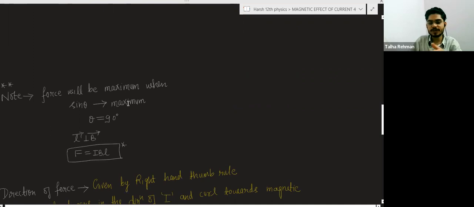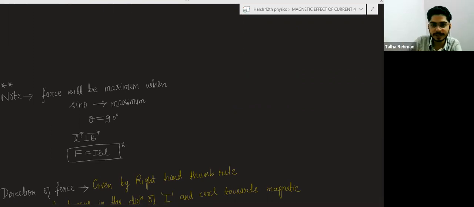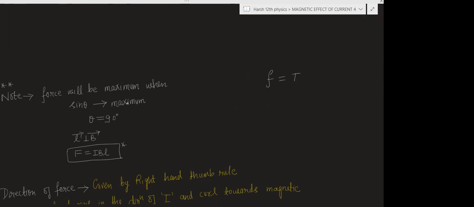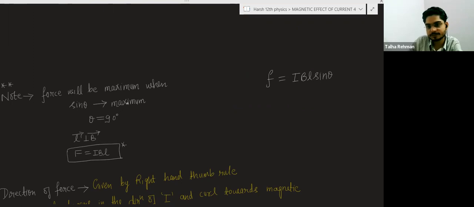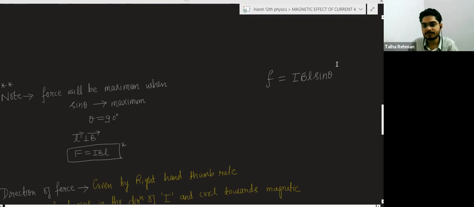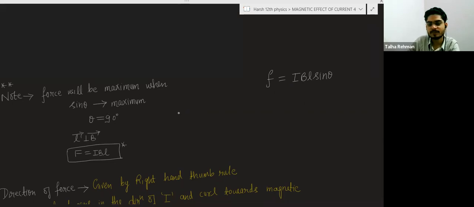What is the formula for the force on a current carrying wire in a magnetic field? F is equal to I B L sine theta. If this sine theta is maximum, then the force will be maximum because force is directly proportional to sine theta, and the maximum value of sine theta is at 90 degrees.